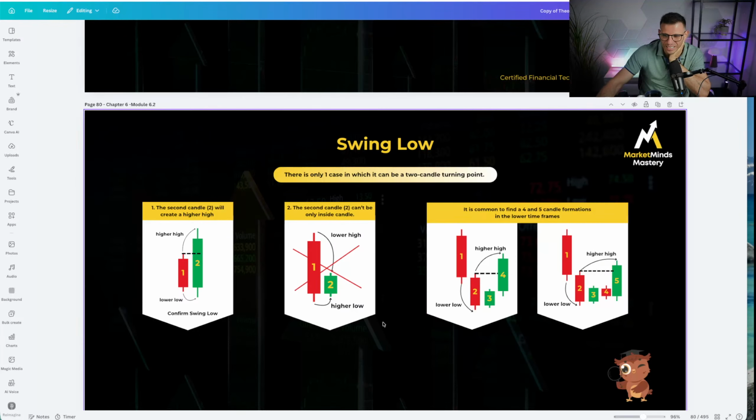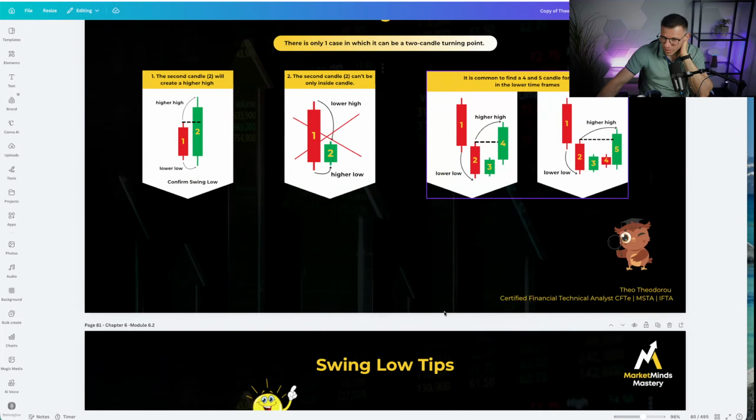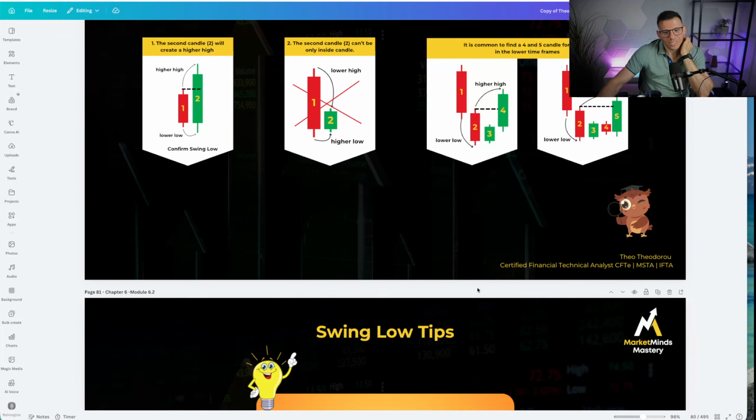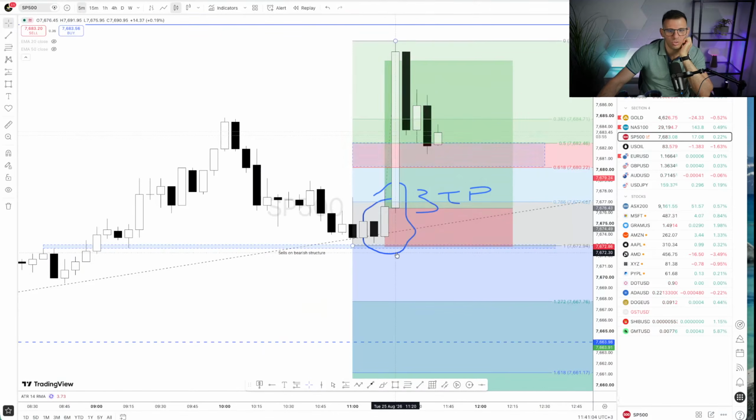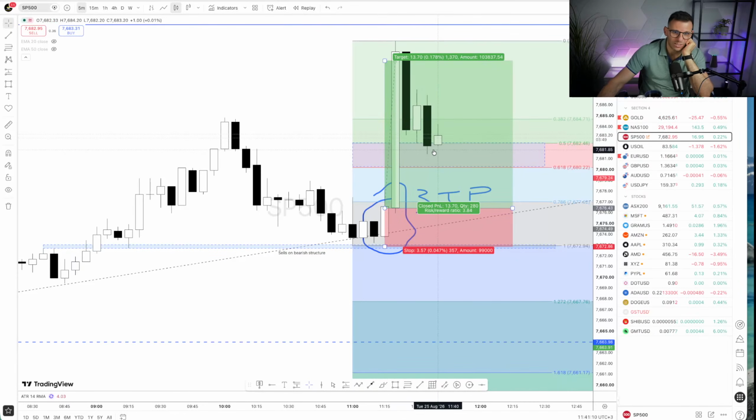This is key information, and that was pretty much the setup we took on the S&P earlier this morning. It's very important to learn, because if you understand this, it's going to be easier to stay outside of moves just because you see the candle changed color.